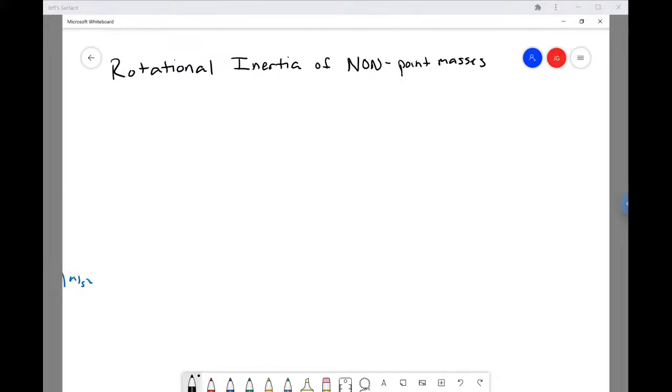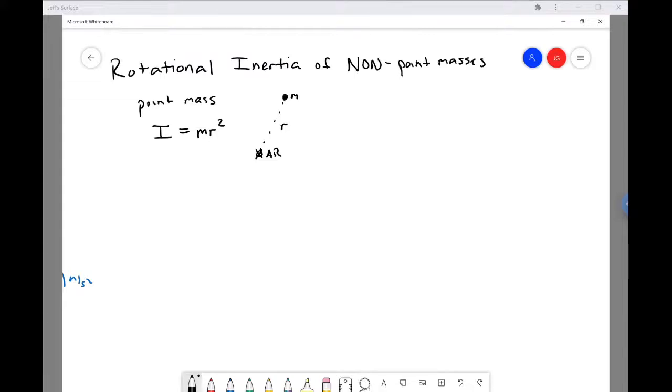So last time we discovered that this expression fell out of our analysis, just fell right onto our laps, that the rotational inertia for a point mass should be mr squared. So you have a little mass located some distance r from a point that's the axis of rotation, so it's rotating around that point.